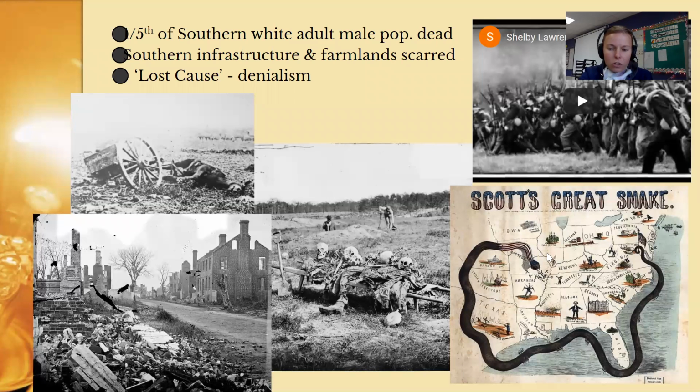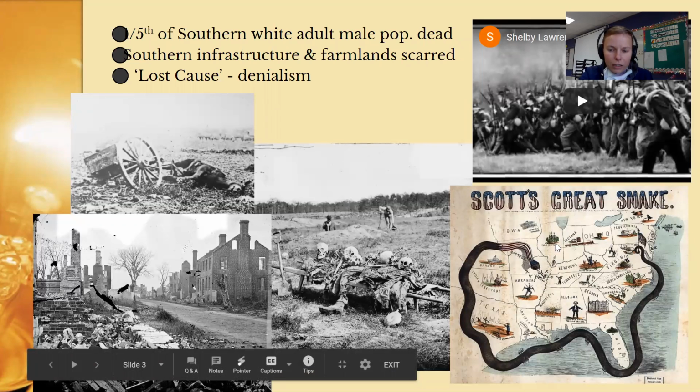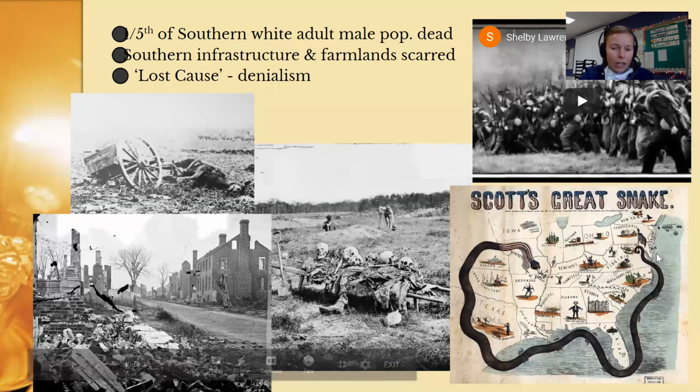And once Grant and Sherman took Vicksburg and cut the South off from the Mississippi River, there were no supplies reaching the South from Texas or Mexico. They were completely cut off and starving to death. There were hunger strikes and bread riots in the capital of the Confederacy, in Richmond, Virginia. And so the South's devastation was pretty bad.